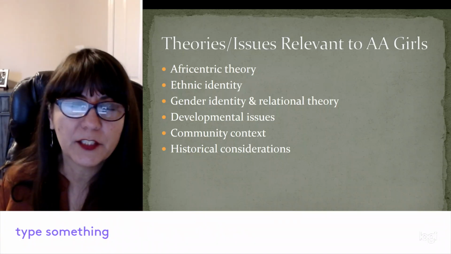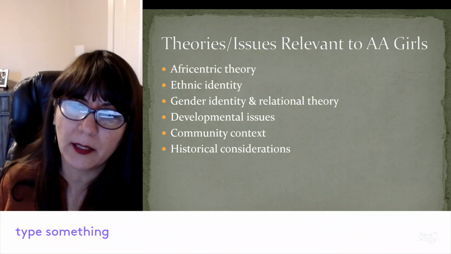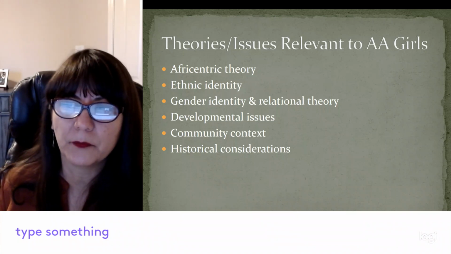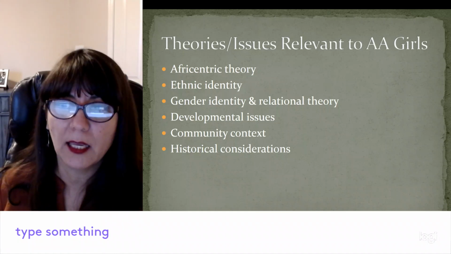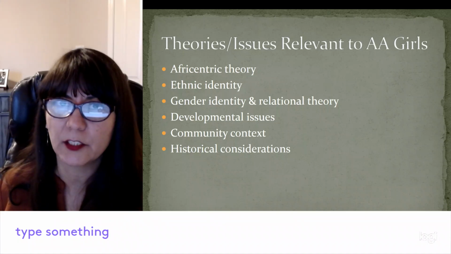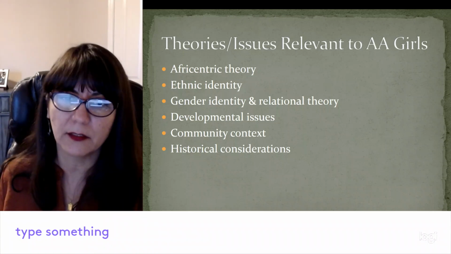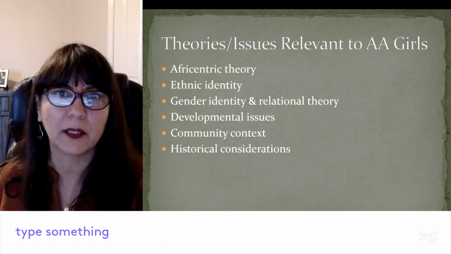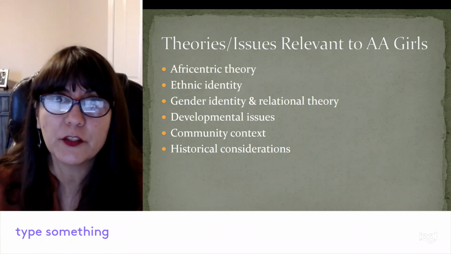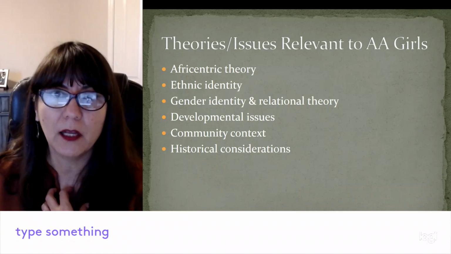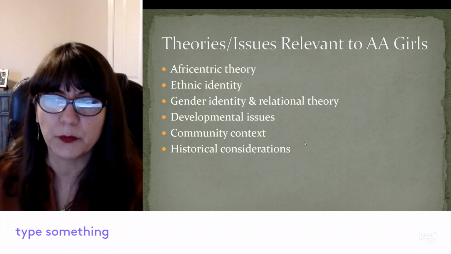Lots of racial and ethnic minority groups have experienced a lot of historical trauma, and those things need to be taken into consideration because it affects the way we think about ourselves. How you interpret that history and apply it to yourself is really important.